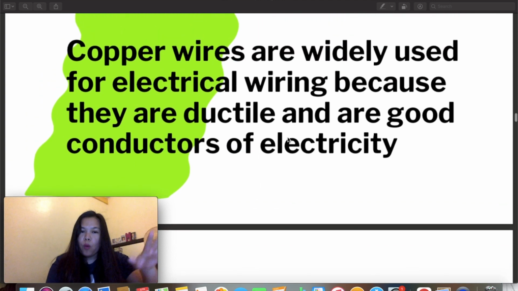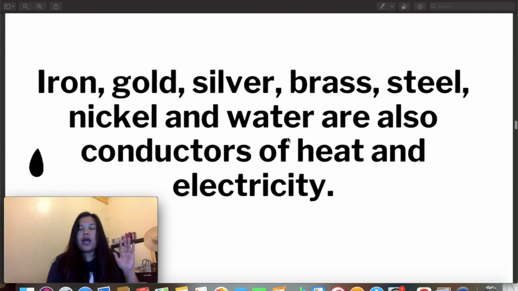Copper wires. So, another example, aside from the copper wire, there are many more examples of good conductor materials. First, iron, gold, silver, brass, steel, nickel, and water are also conductors of heat and electricity. So, there are many examples.